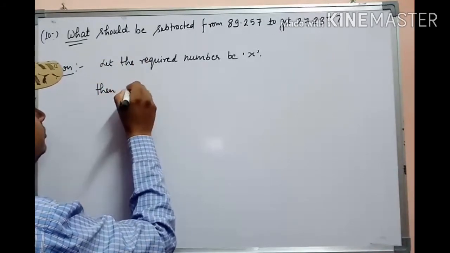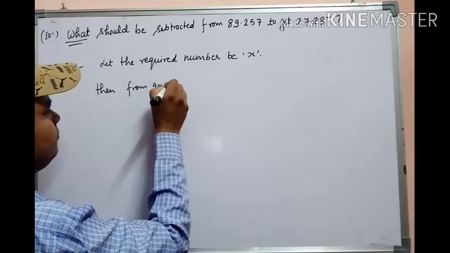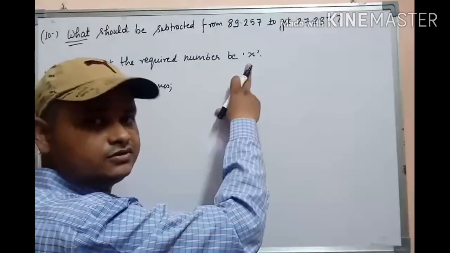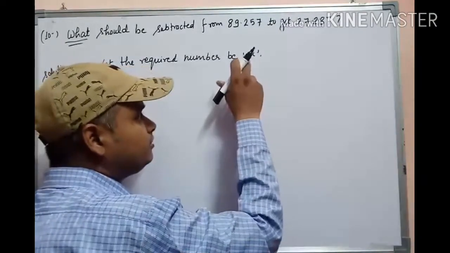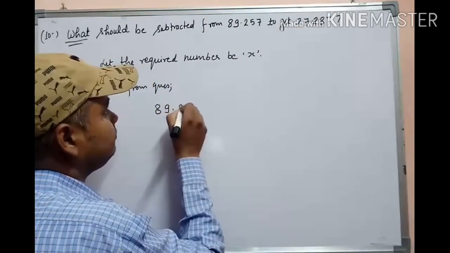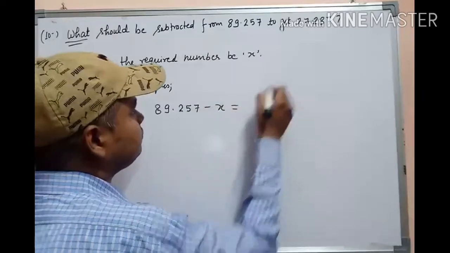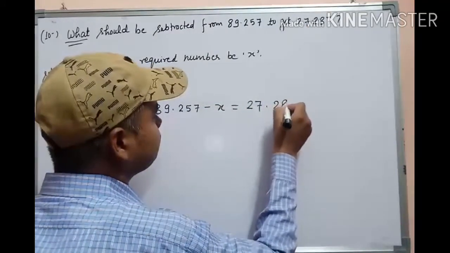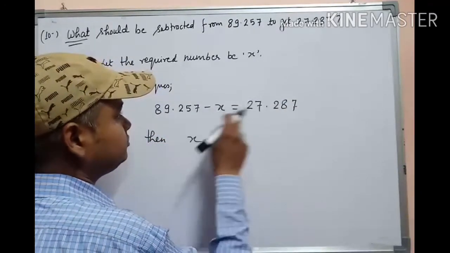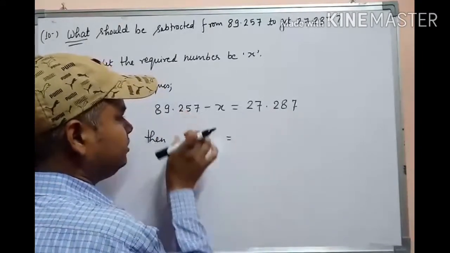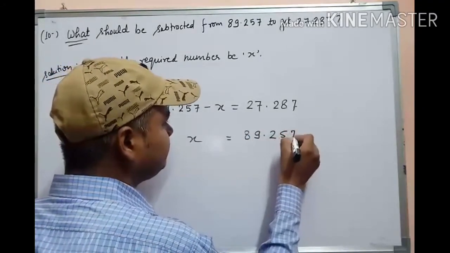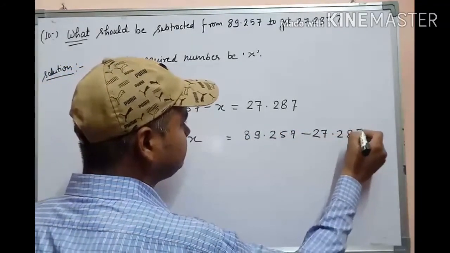According to the problem, we have to assume x, and we subtract x from this to get this. It means 89.257 minus x is equal to this. Then x is equal to: you subtract this from this, and we will get the value of x, like 89.257 minus 27.287.